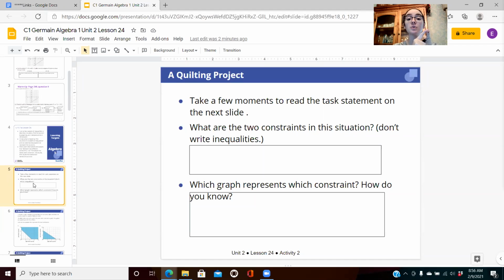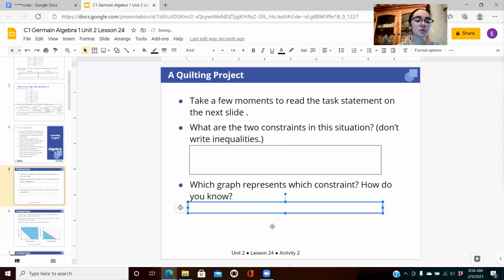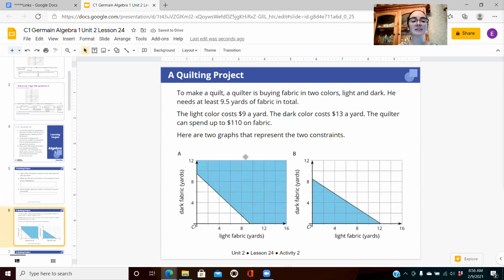You're just telling me what are the 2 constraints and which graph represents which constraint. Okay, so I want you to take a minute and a half right now to read through these task statements, tell me what are the 2 constraints, and then which graph deals with which one. Okay? Go ahead and take 2 minutes.